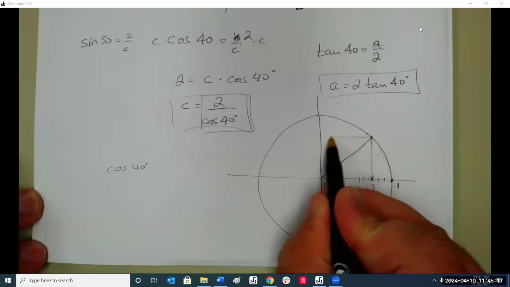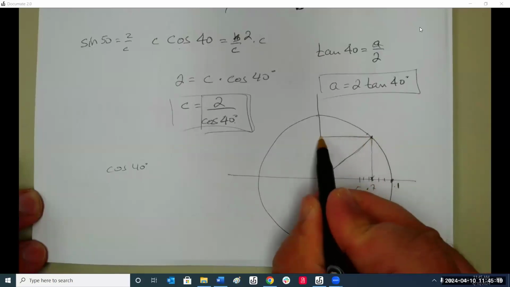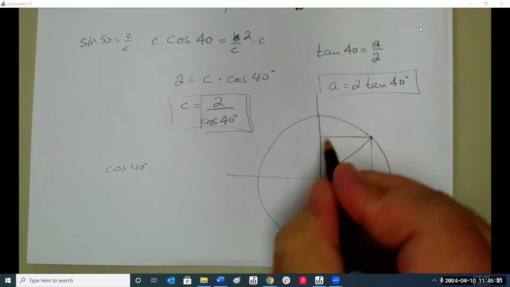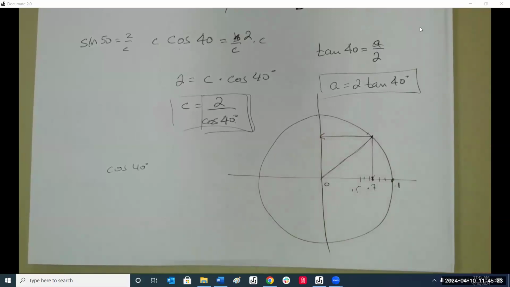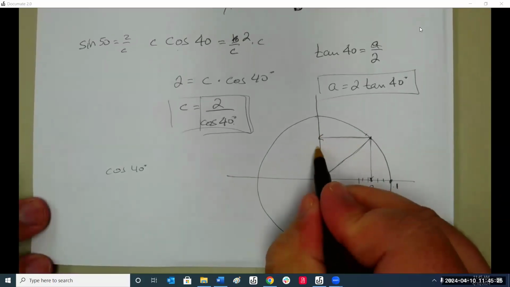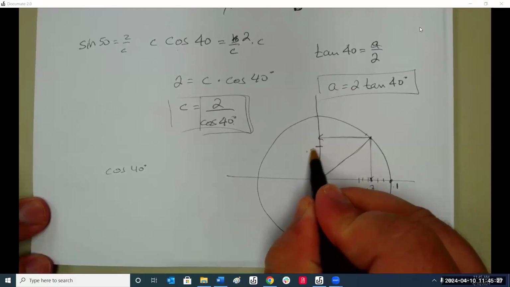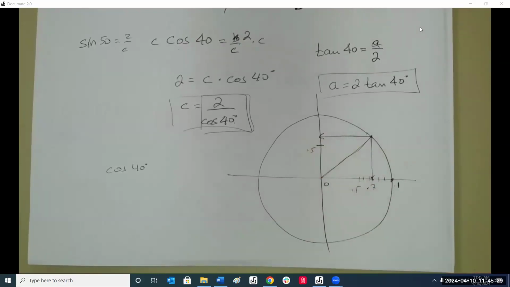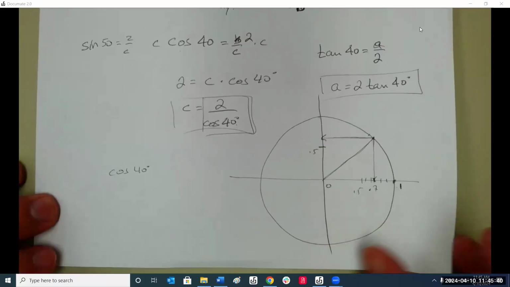The sine value goes onto the y values. So here's 0.5. So that one's probably closer to 0.6, between 0.6 and 0.7. You have to know how to guesstimate to see what the answers should look like, because you won't always have your calculator or your phones with you.